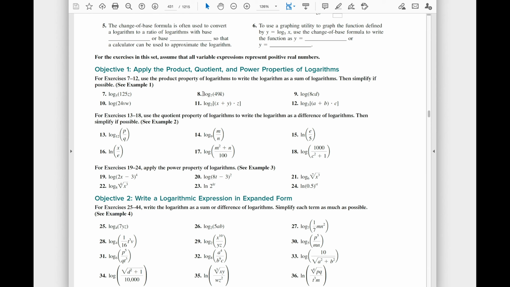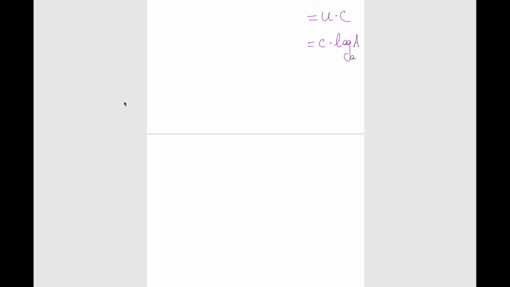So we have a log of one thing and we want to use the product property of logarithms to expand it, to write it as a sum of logs. All right, let's say the last one, 12. Log base 3 of a plus b times c. Okay, this is number 12.